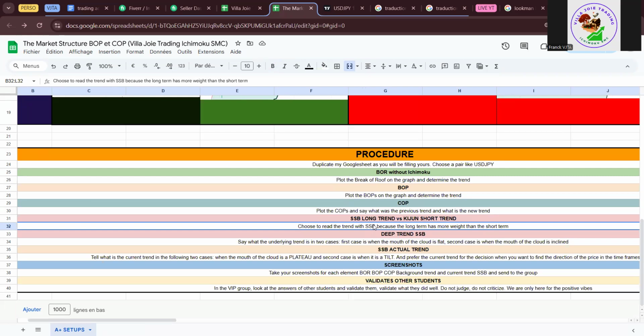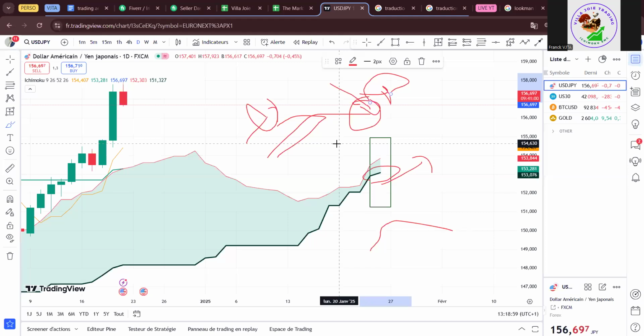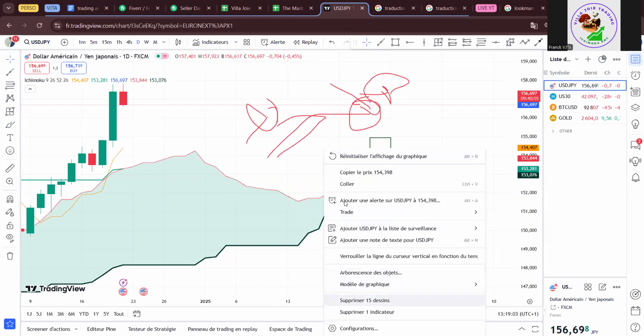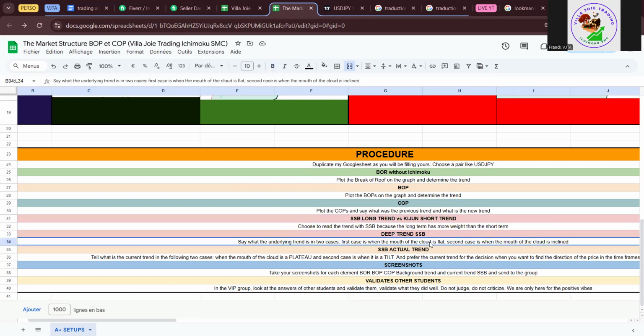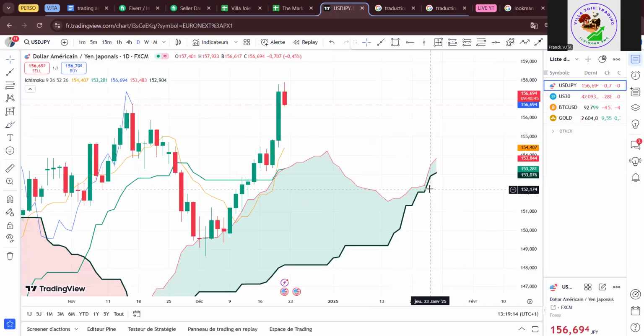After that, pick SSB to read the trend of the market, the long-term trend. For direction bias, pick SSB. It has more weight. That's how investors read the market. And then the deep trend with SSB is just what I said, the last inclination, all right?